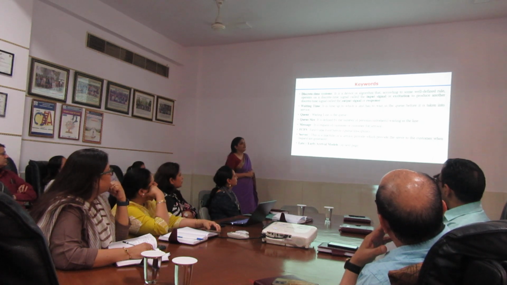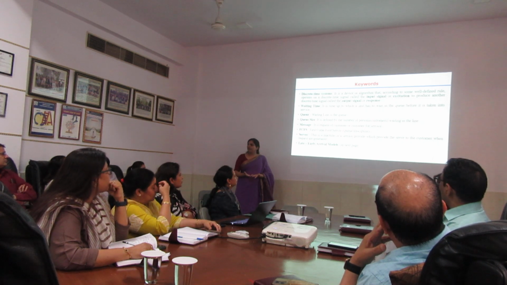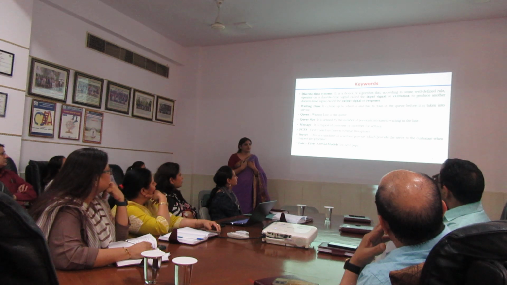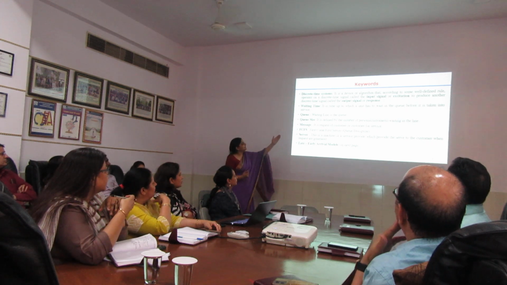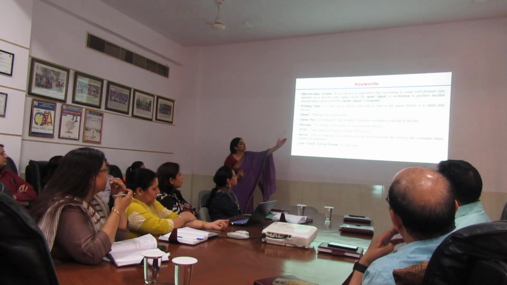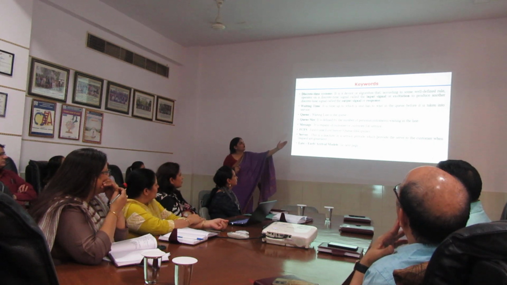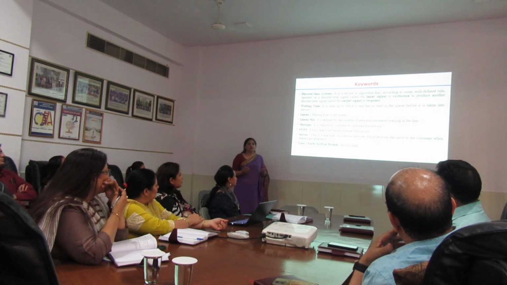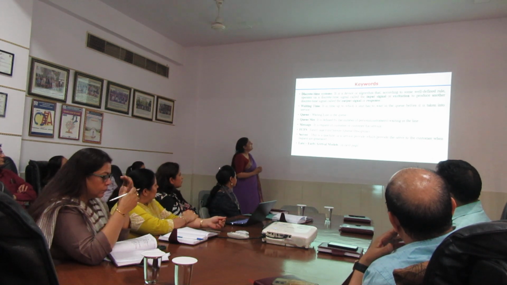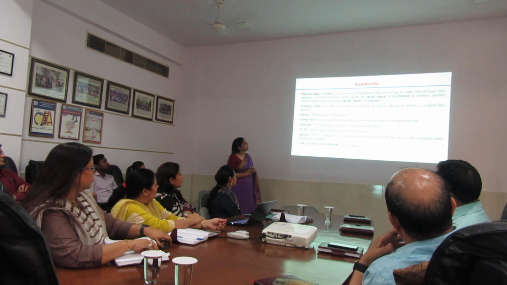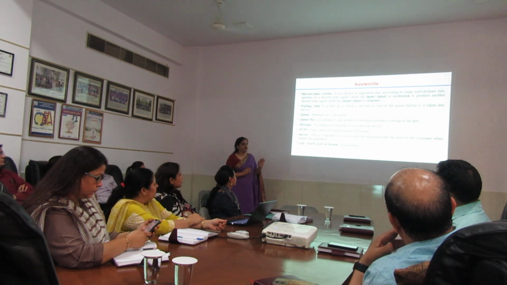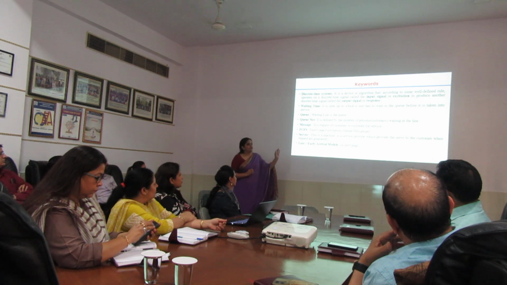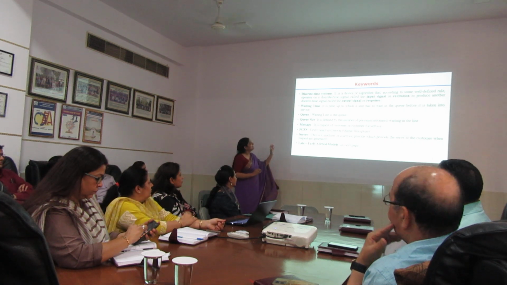Next one is waiting time. The time which we have to wait in the line for the service is the waiting time. So it is the time up to which a unit has to wait in the queue before it is taken to the service. Next is queue. Queue is a waiting line. Next one is queue size. The queue size is defined by the number of customers waiting in the line. Next is masses.